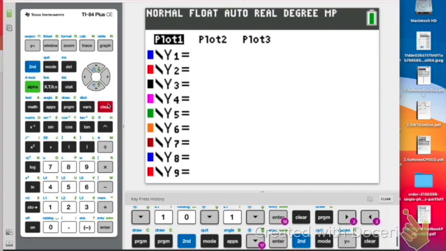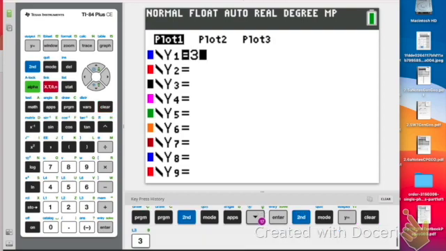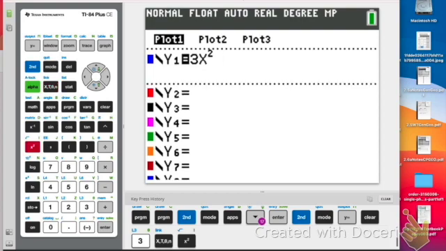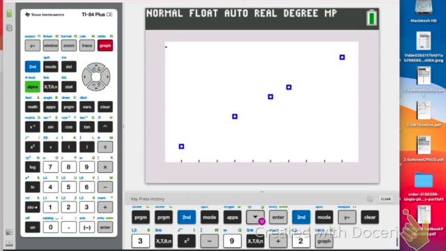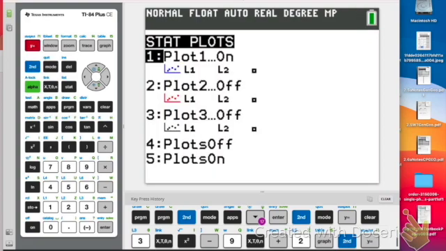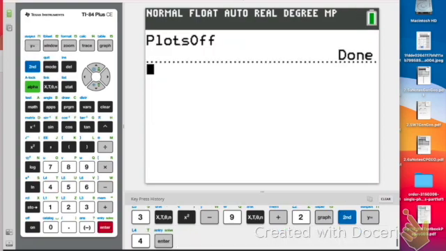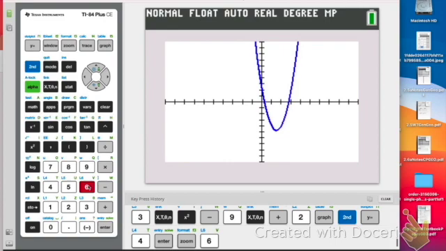Hopefully. All right, what was it? 3x squared minus 9x plus 2. Oh, I got a scatter plot on here. All right, so here's our graph.